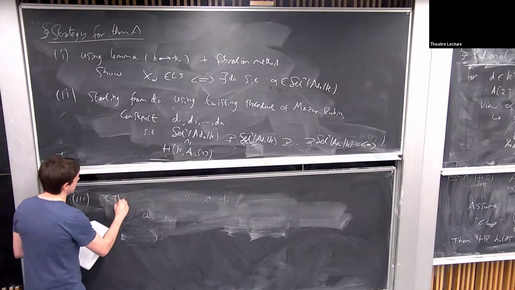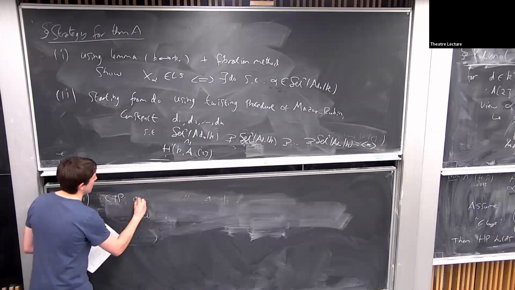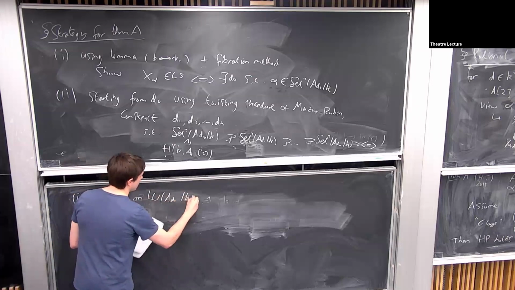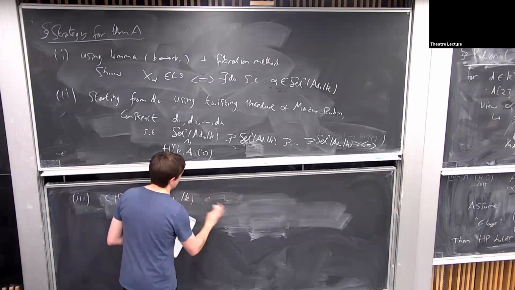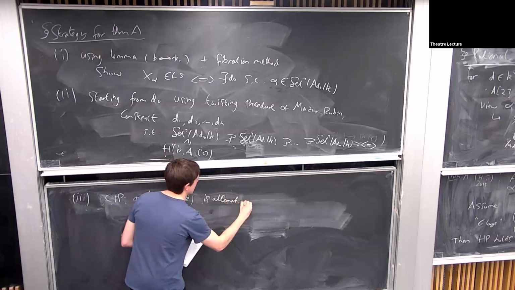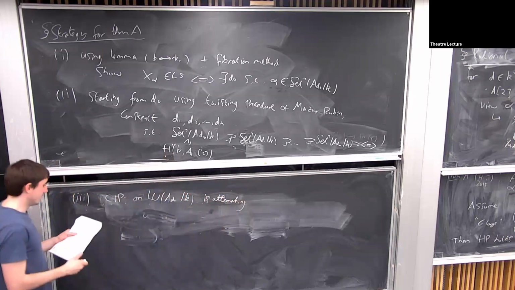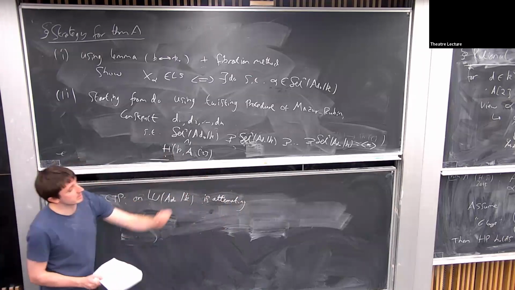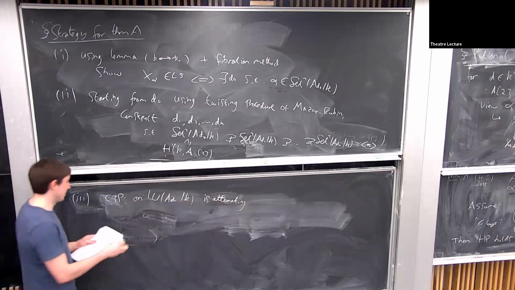Well, the Cassels-Tate pairing on the Shafarevich-Tate group of the twist is alternating. And we're happy to assume it's non-degenerate, because all things are conditional on finiteness of Shafarevich-Tate groups.